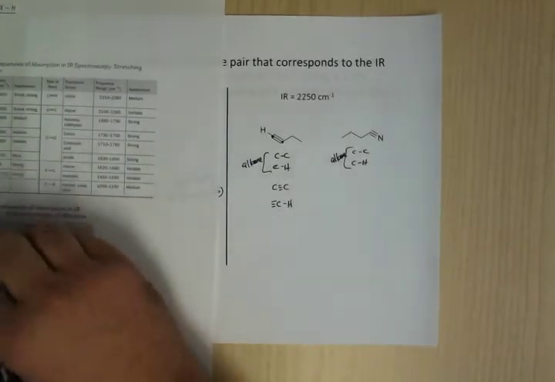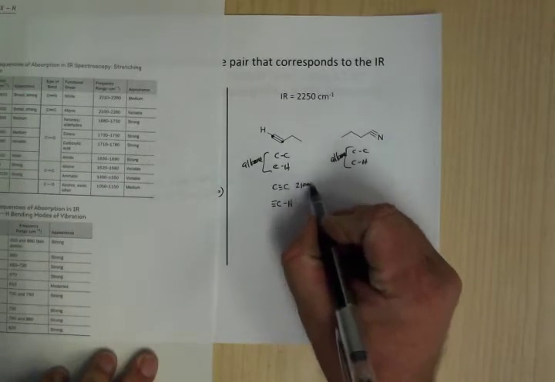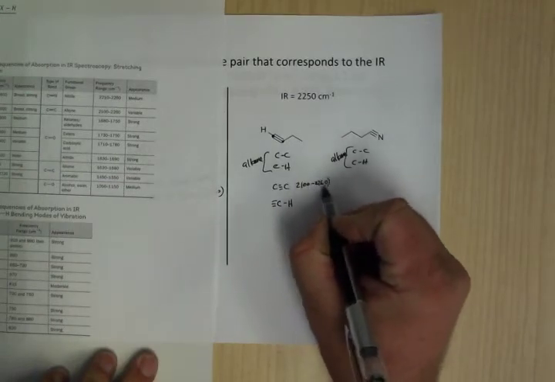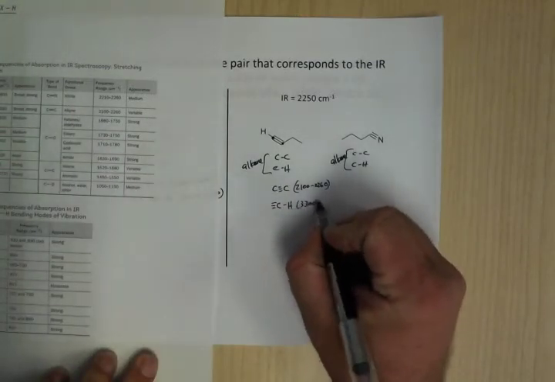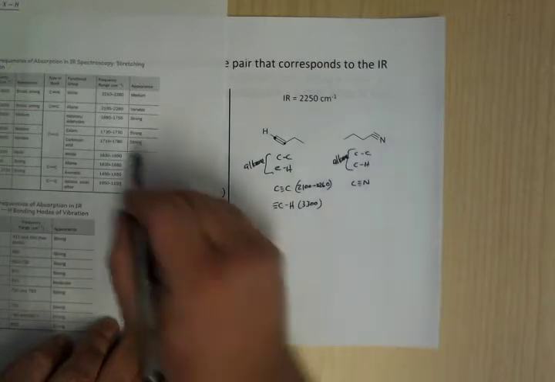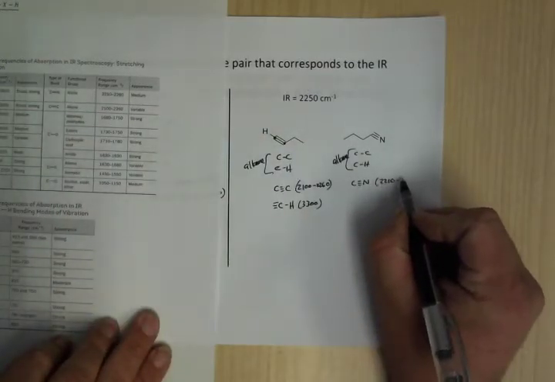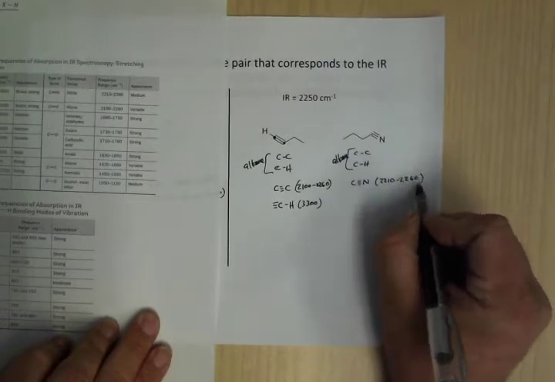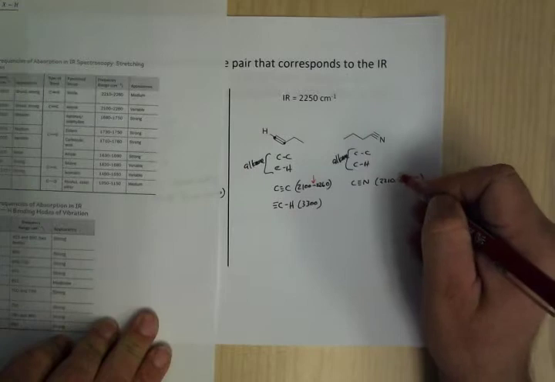The carbon-carbon alkyne is 2100 to 2260. And the CH coming off an alkyne is right at 3300. This one here, you're going to have the nitrile group, and this is also 2210 to 2260. So this one actually goes both here and here.